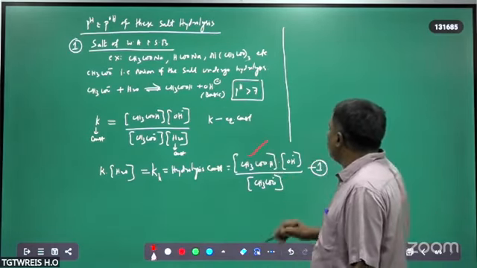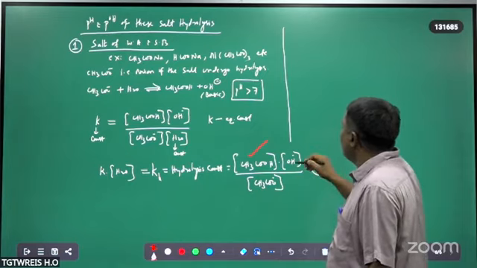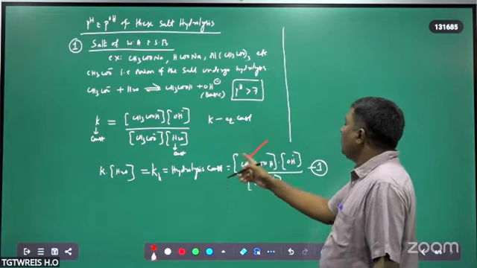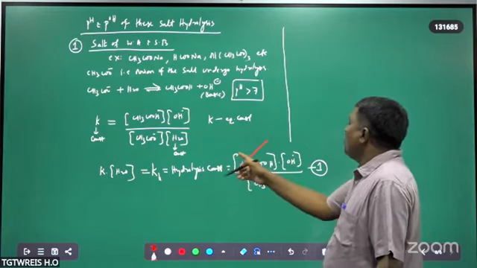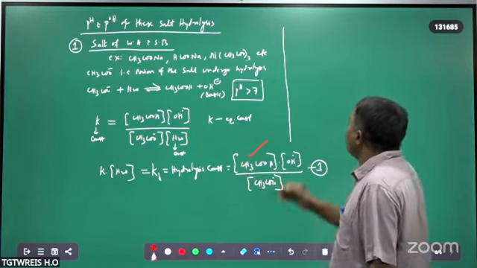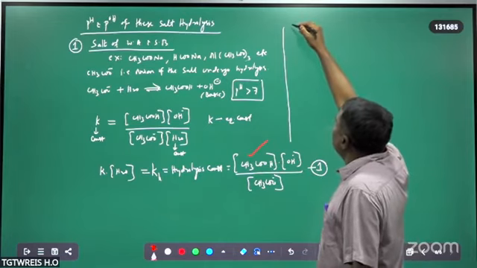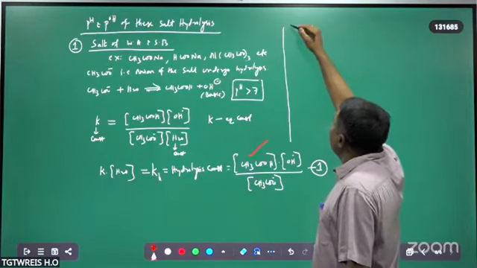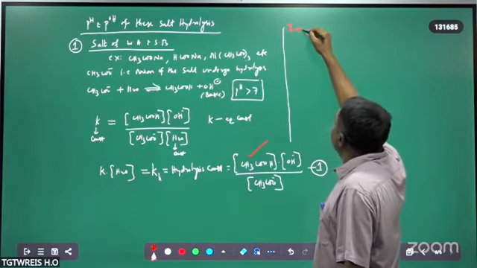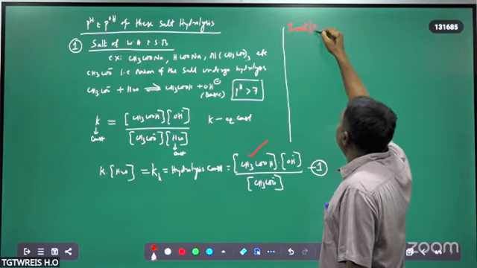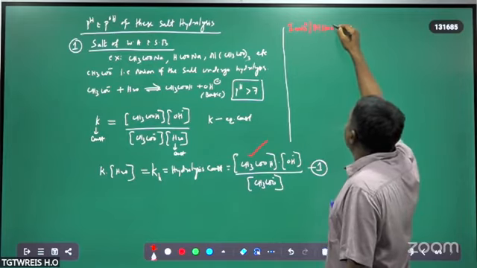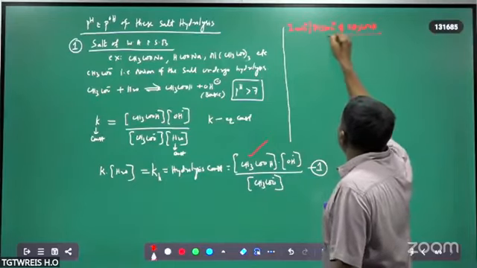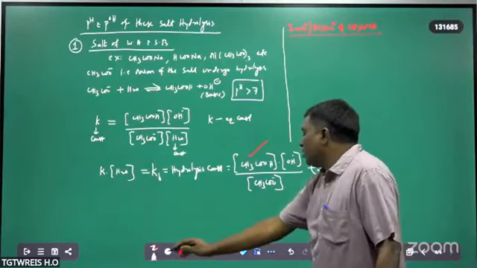We want to calculate the molar concentration of acetic acid. Therefore, we are now going to determine the ionization or dissociation of acetic acid.